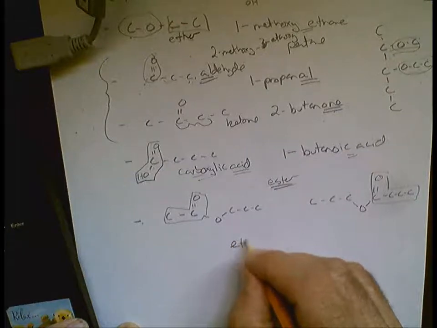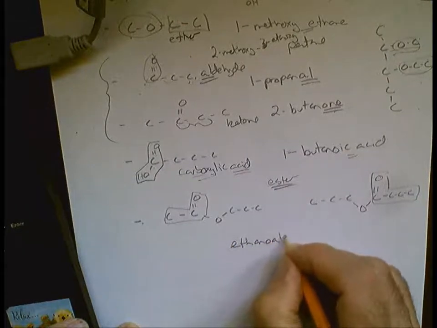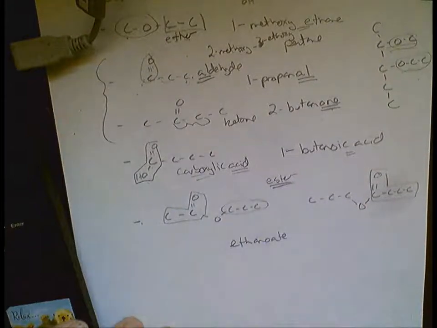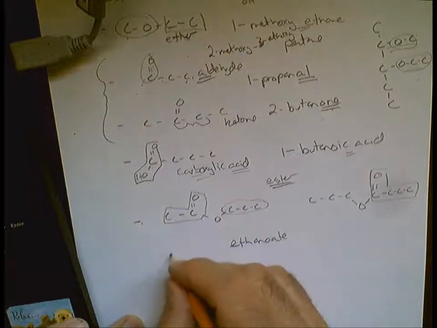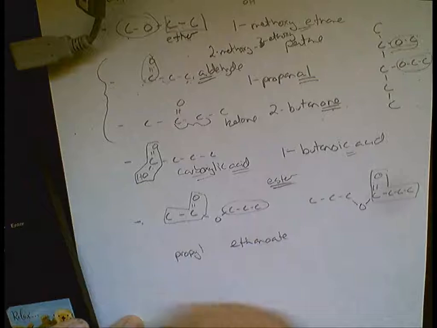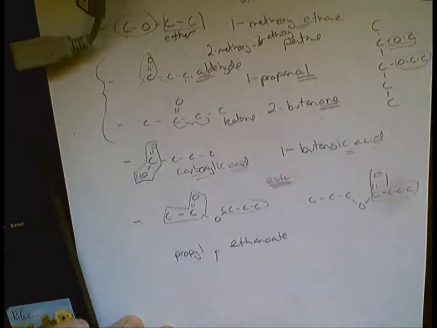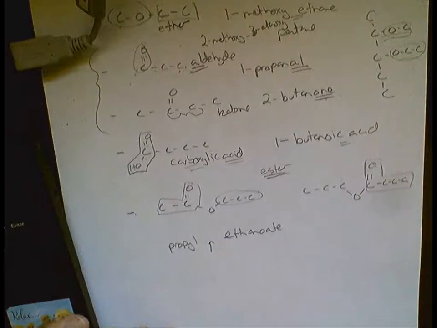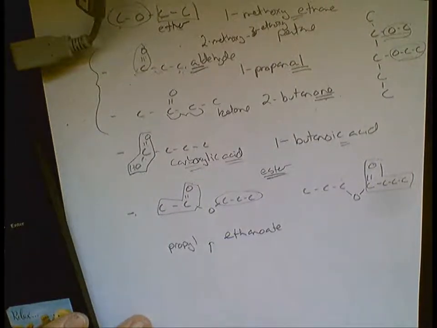There's two of them. It's ethanoate. Okay, then you find your other chain that doesn't have a C double bonded to an O. That's propyl, because it's 3, and we give it a YL ending when it's a side chain, and there is a space there. I highly suggest you watch a couple of videos on doing this, or you rewind this a few times to get used to it.